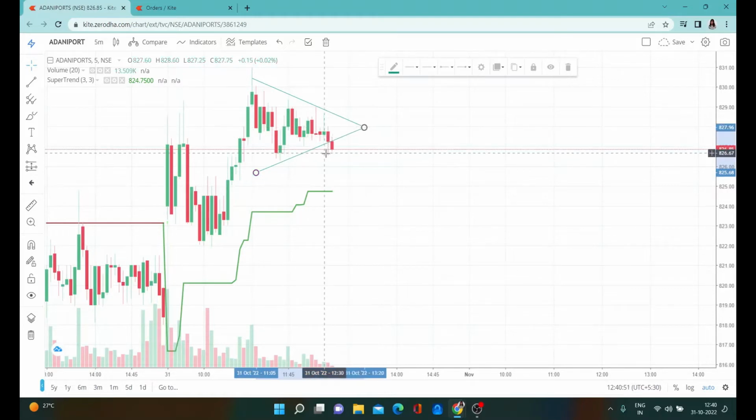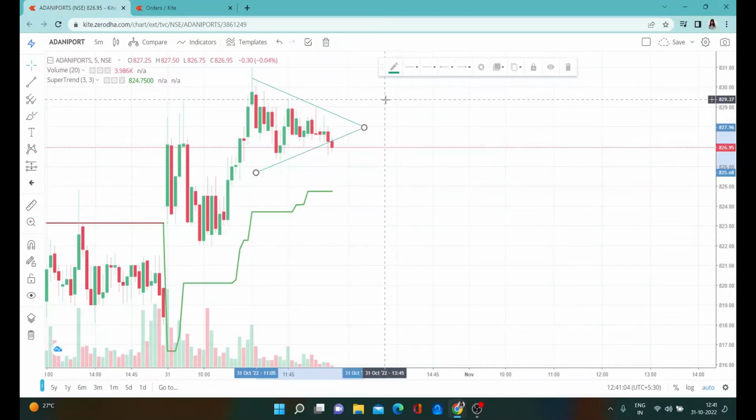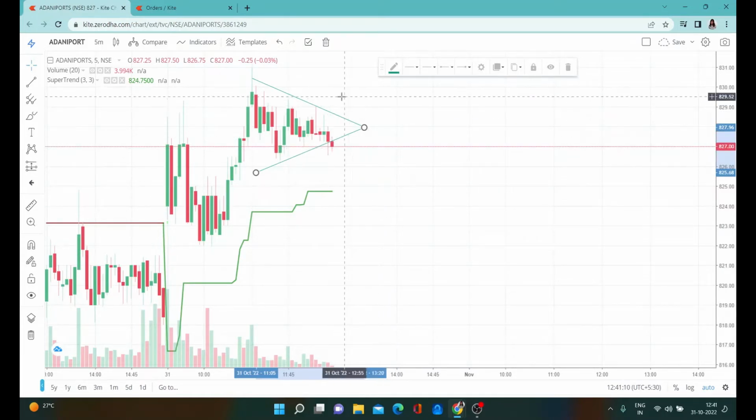A wick means that there is a bullish strength. So this seems to be forming a bearish candle, but let's just wait and see. It wouldn't be wise to take a position at this point of time.